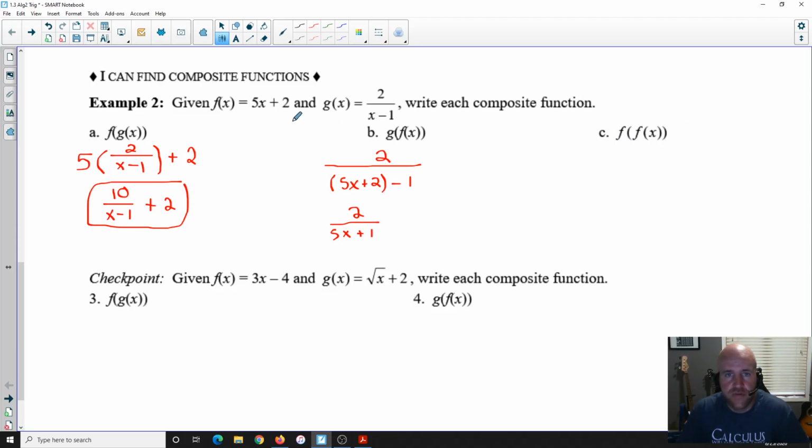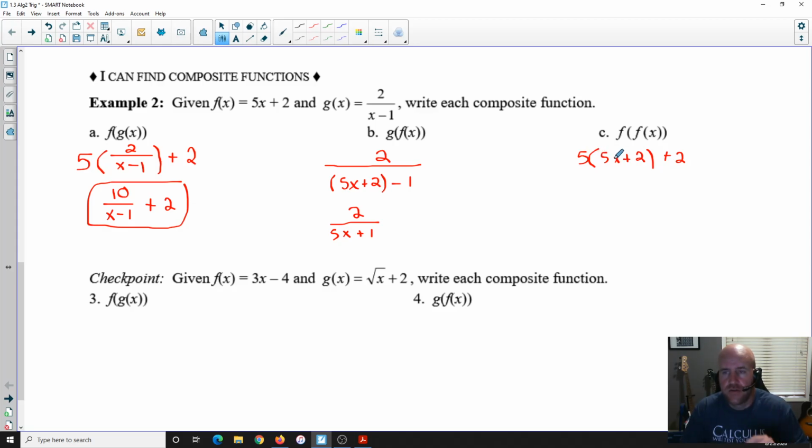Now f of f, we're taking this f function and we are throwing it into the x for f. So we get 5 times 5x plus 2. And then that plus 2 from one of the f's has to go outside. So now we can clean it up a little bit.